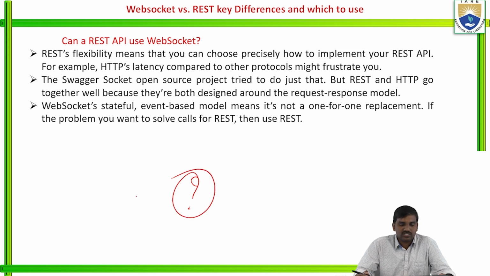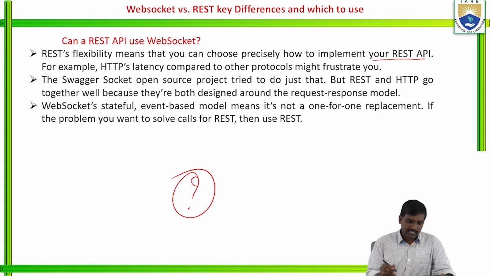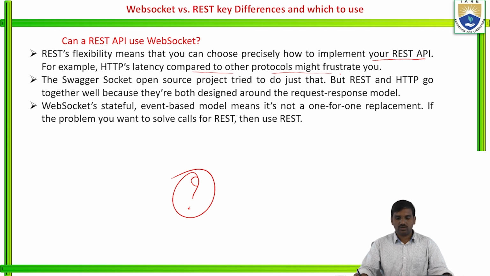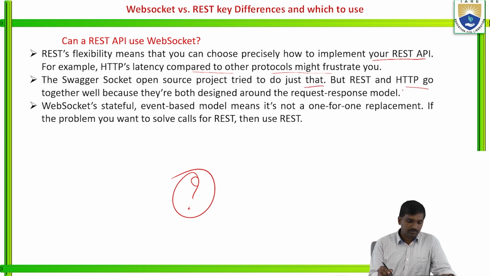REST flexibility means that you can choose precisely how to implement your REST API. For example, HTTP latency compared to other protocols might fluctuate. The Swagger Socket open source project tries to do just that. REST API and HTTP go together well because they are both designed around the request-response model. WebSocket's stateful, event-based model means it's not a one-to-one replacement.